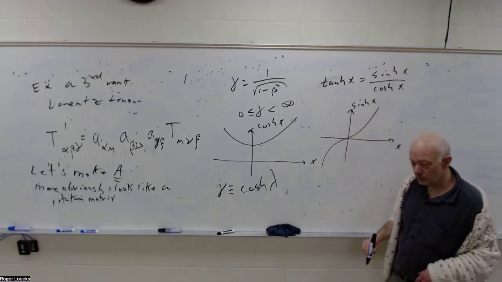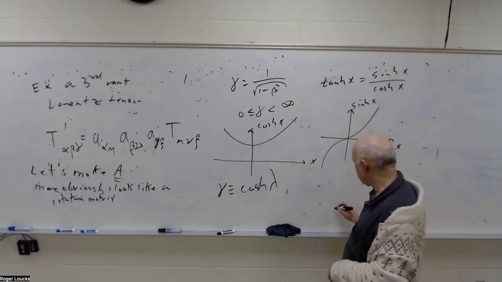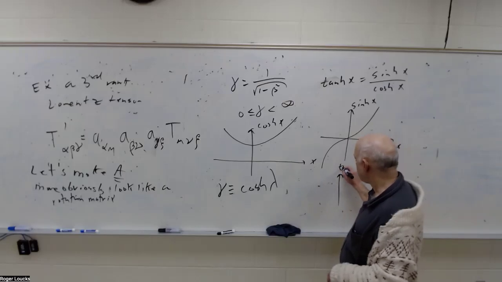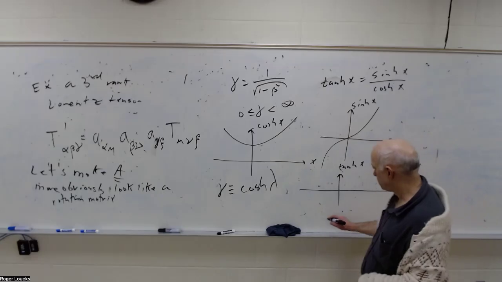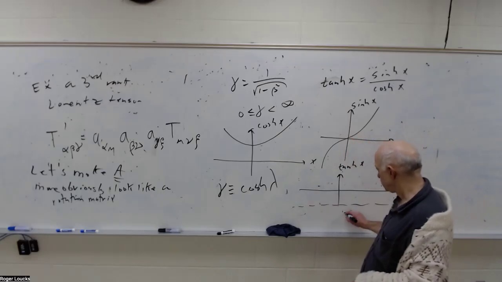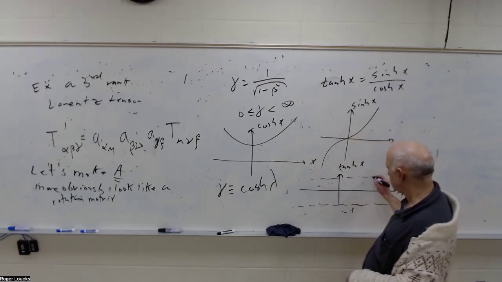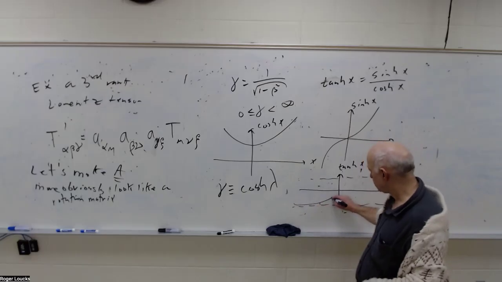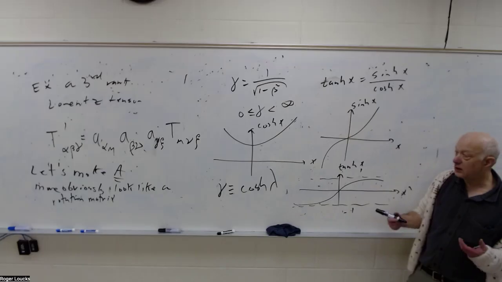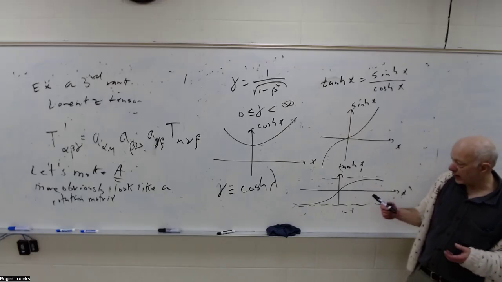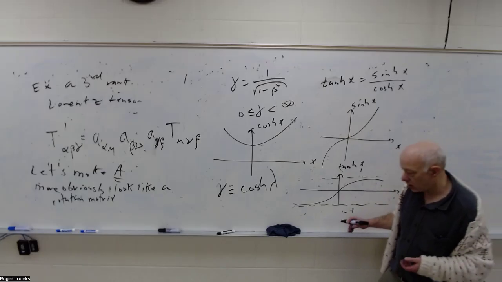If you do this ratio here, the hyperbolic tangent of x looks like this. It goes from -1 to 1. So therefore we said, let's let beta equal the hyperbolic tangent of lambda.